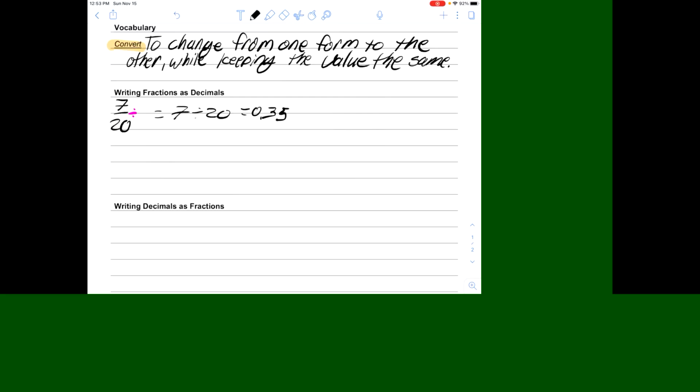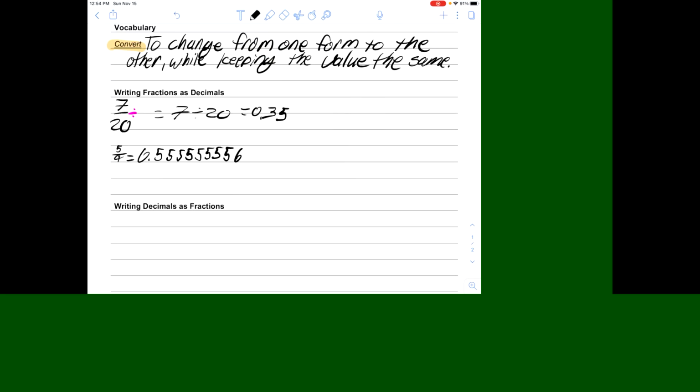Now, one thing to be careful of when you are solving these problems is, let's say you were going to convert the fraction 5/9. If you do 5 divided by 9 on your calculator, it's going to say something like 0.5555555, and it's going to keep going, and then there's a 6 at the end.